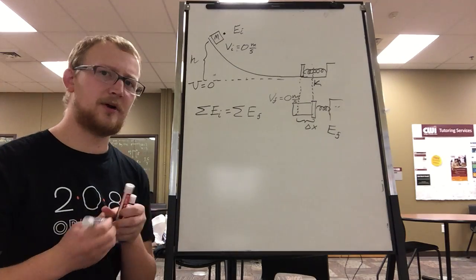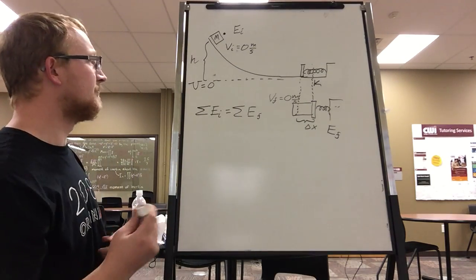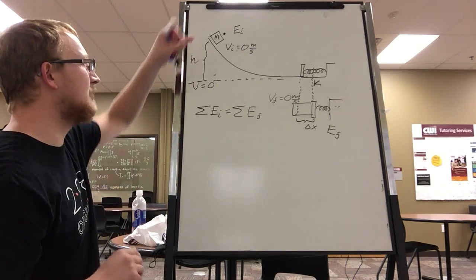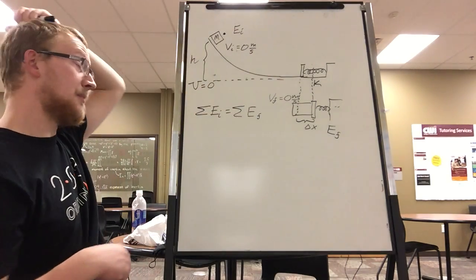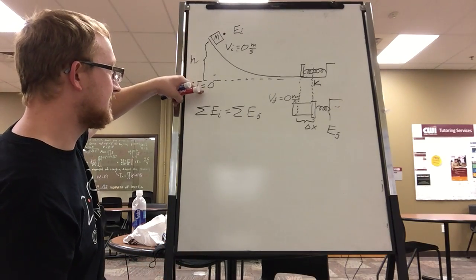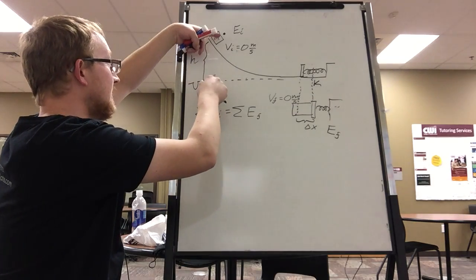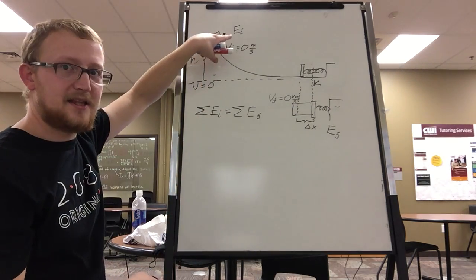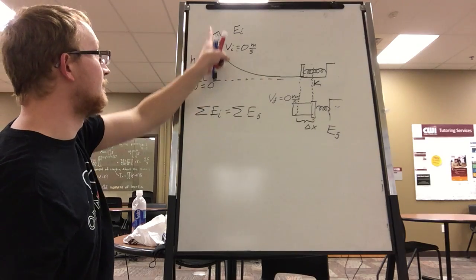And I think this is important, just to write out what you know before you even hop into the problem. And so now we're going to say, well, what energy do I have when I start, and what energy do I have when I stop? So it's clear that when I start, if I choose my potential equals 0 line here, I have some gravitational potential energy given to me by the height orthogonal to the potential equals 0 line.